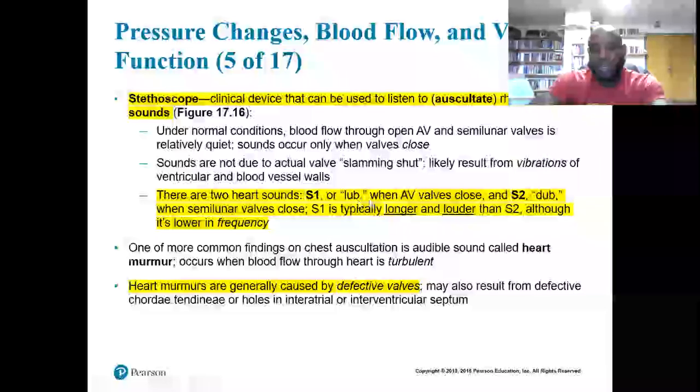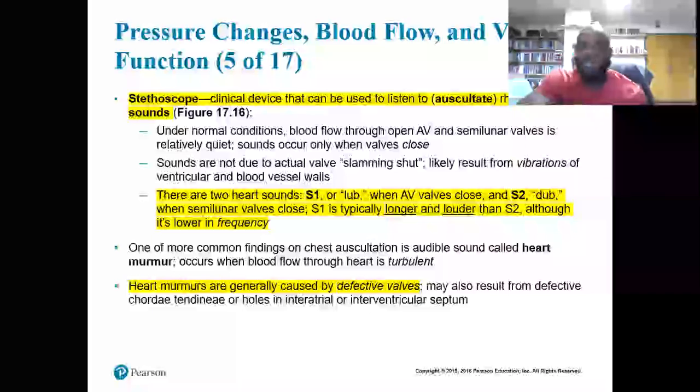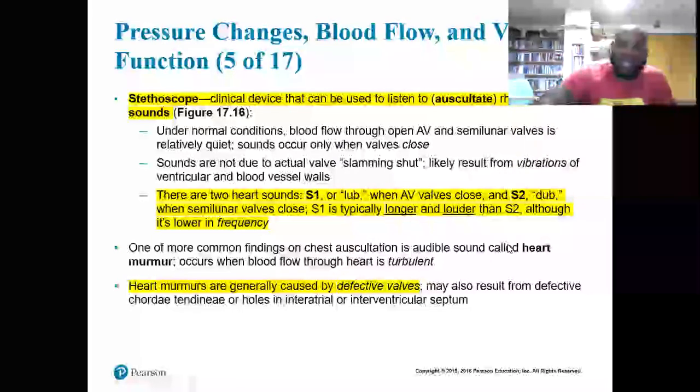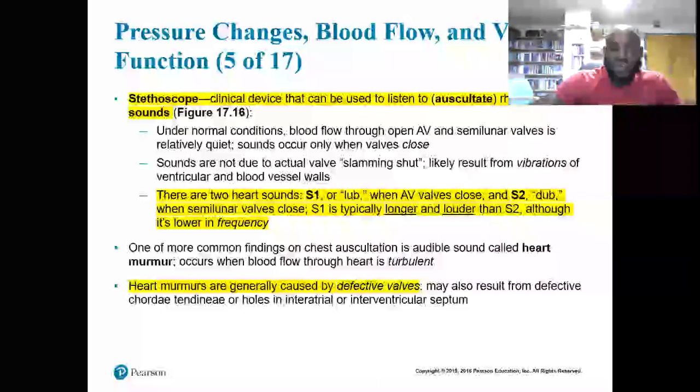S1 or lub when the AV valves close, and S2 or dub when the semilunar valves close. AV, atrioventricular valves, are the valves between the atria and the ventricles, and the semilunar valves lead to the pulmonary and systemic circuits. And the S1 is typically longer and louder than the S2.